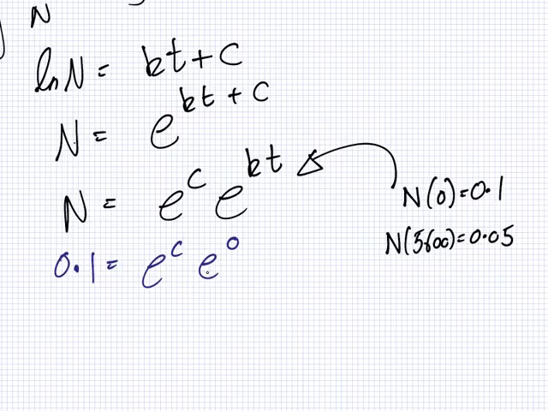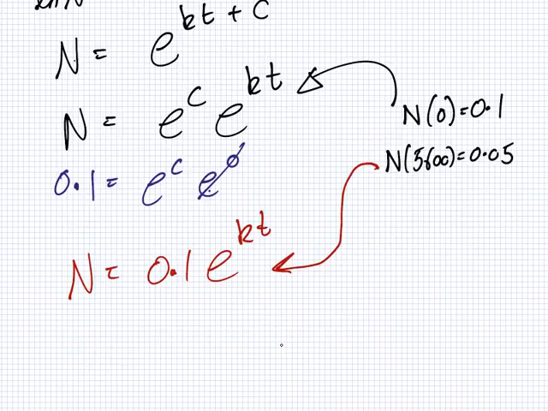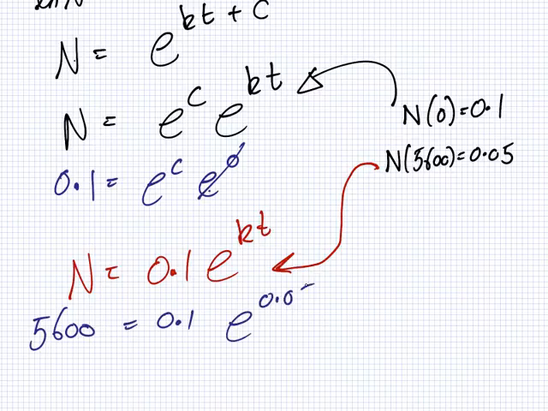What happens to e to the 0? It's 1. So what's e to the c equal to? 0.1. So I get this answer: N equals 0.1 e to the kt. Now, have I used this one yet? No. So I can put that one in.